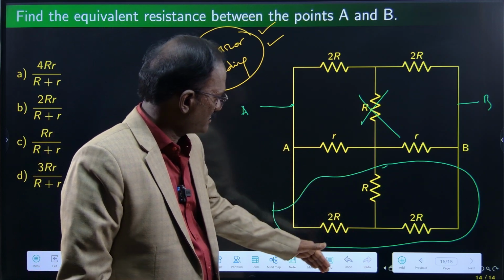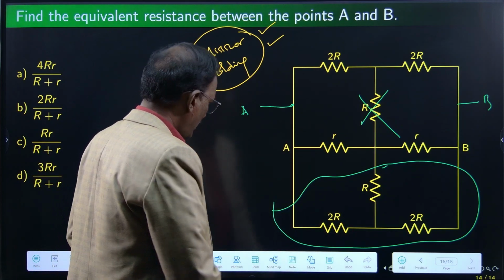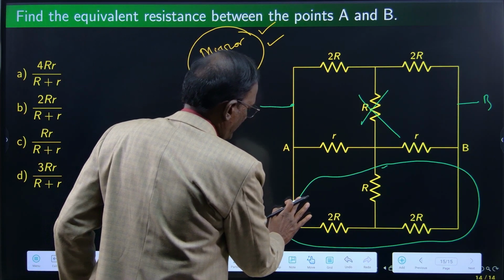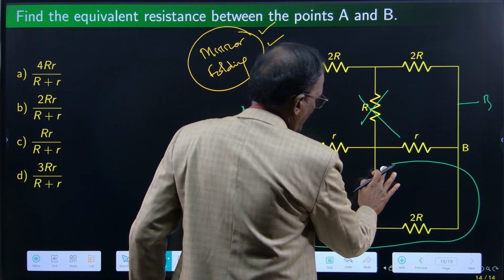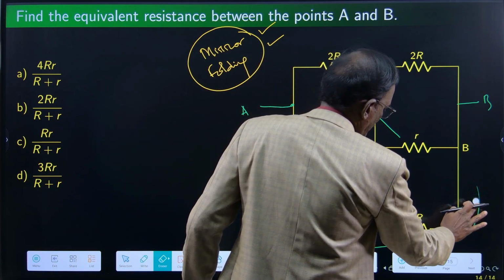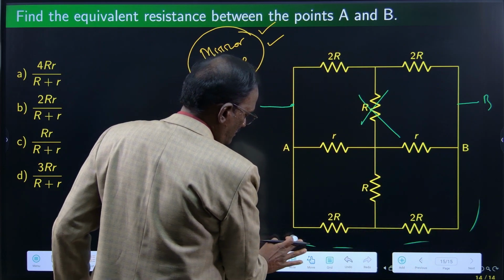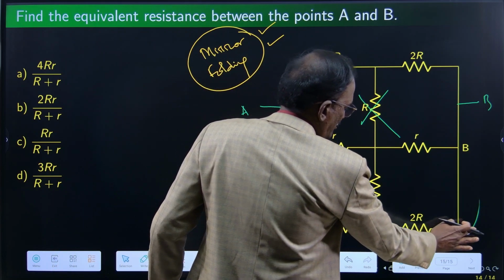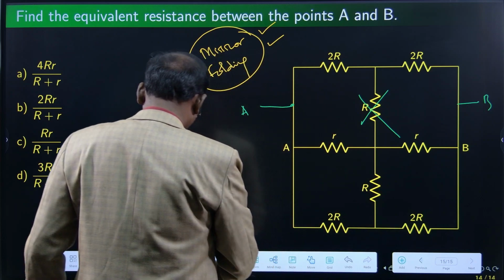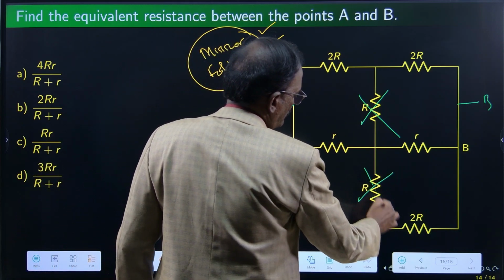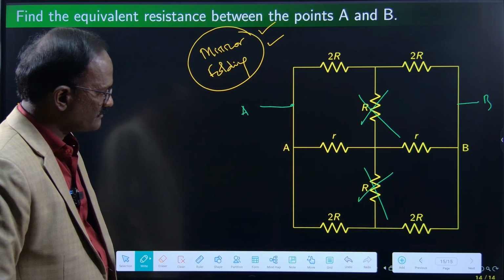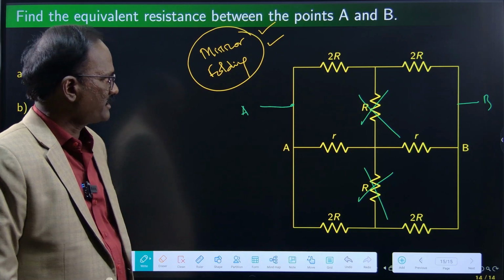Then you come here. If you come here, the bottom part, again you can ascertain that this is also a balanced Wheatstone bridge, right? Extended Wheatstone bridge, it is known as. This can also be removed, the center part.